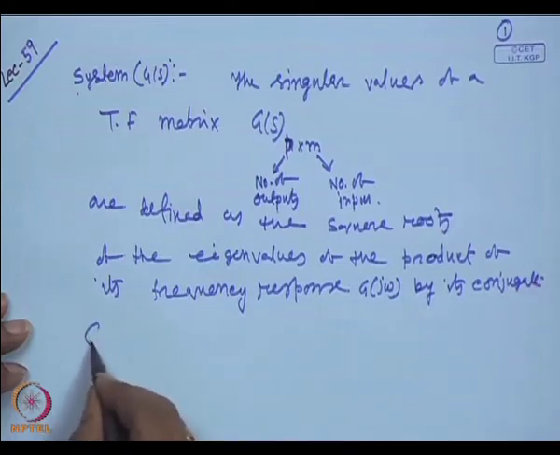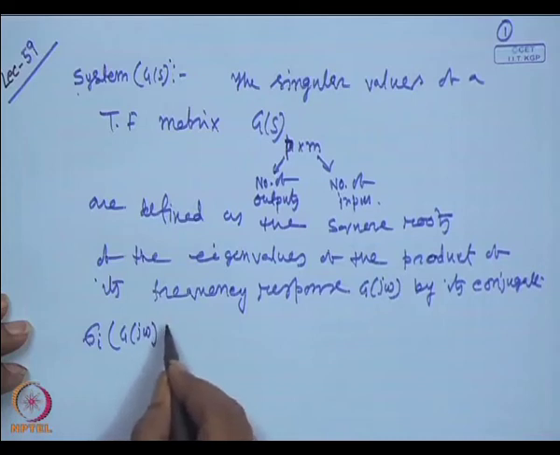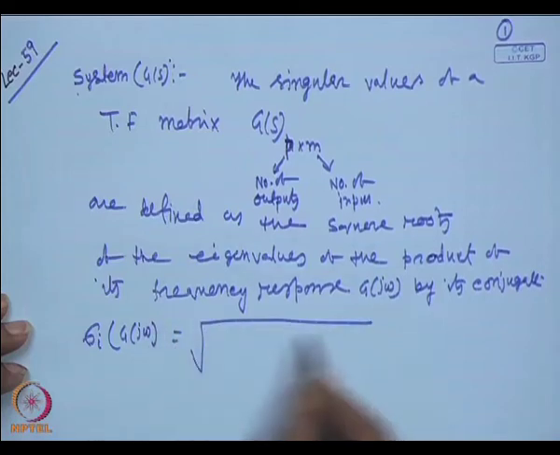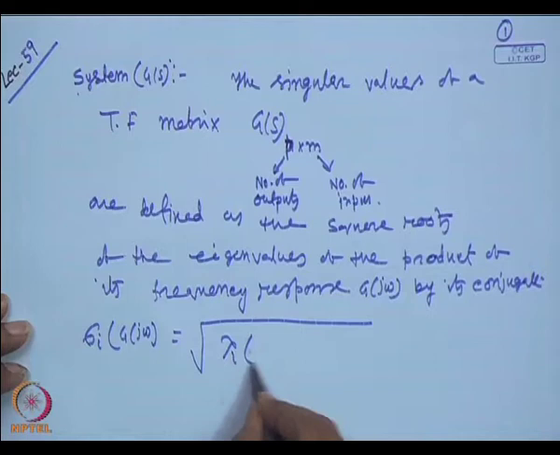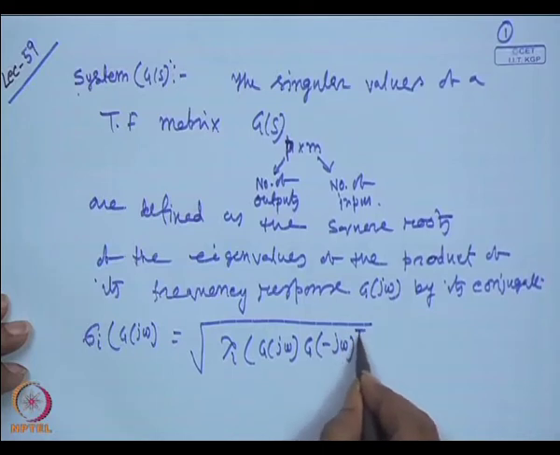What does it mean? The singular values of G of j omega are equal to the square root of lambda i of G of j omega times G of minus j omega transpose.